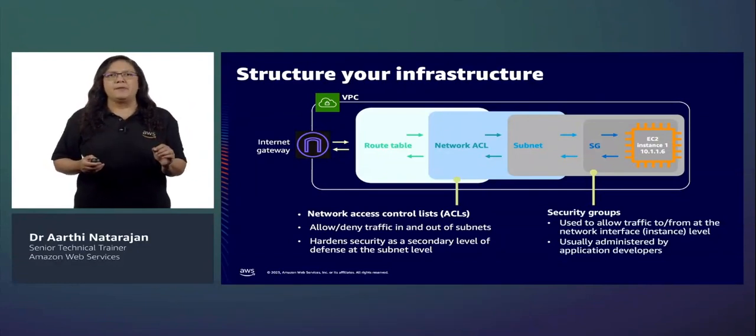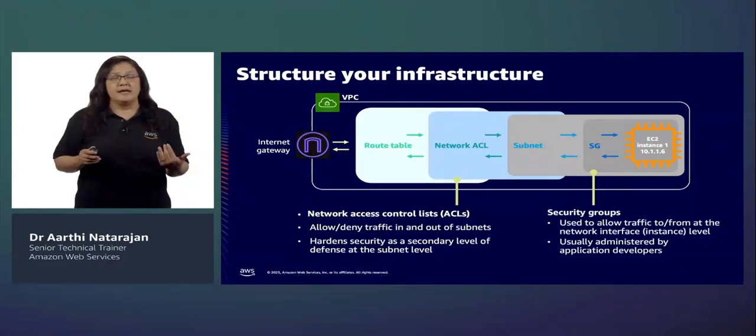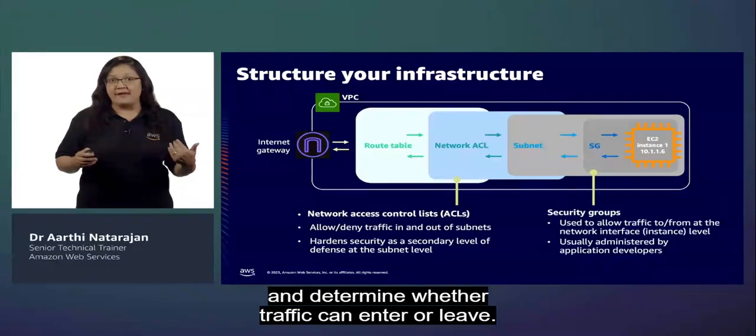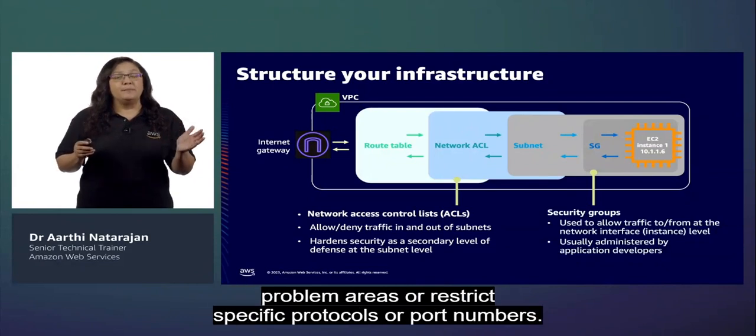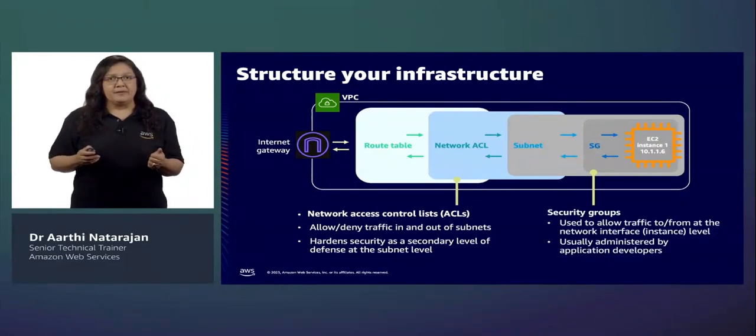Next, surrounding the subnets, we have network access control lists. These are stateless packet filters that wrap around the subnet and determine whether traffic can enter or leave. These are great for providing explicit block rules to known problem areas or restrict specific protocols or port numbers.